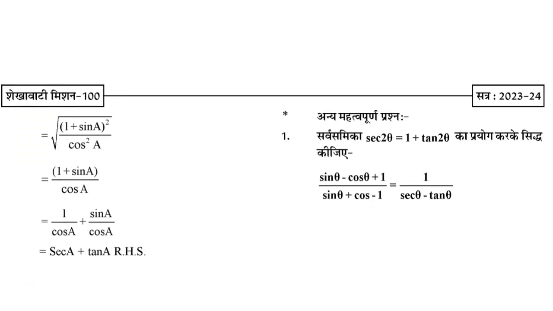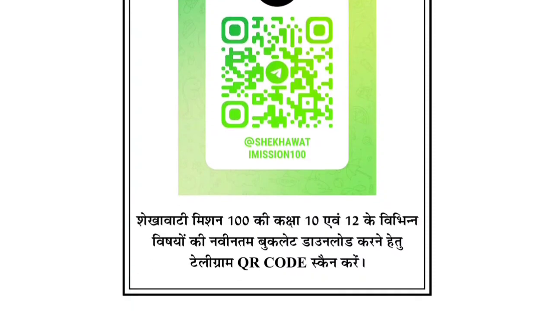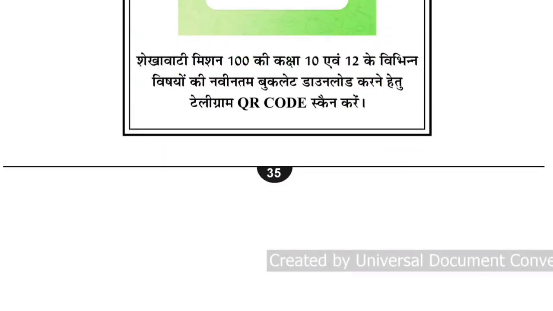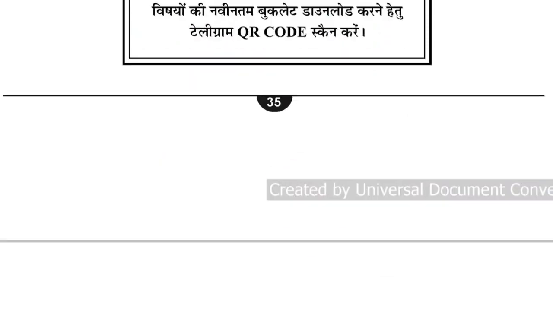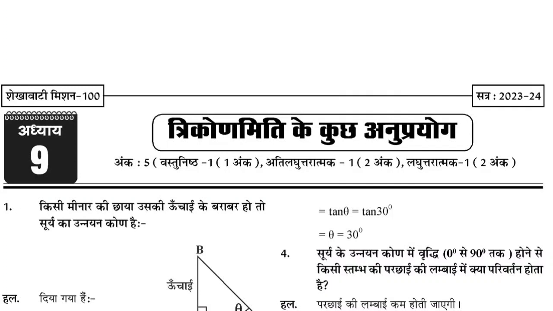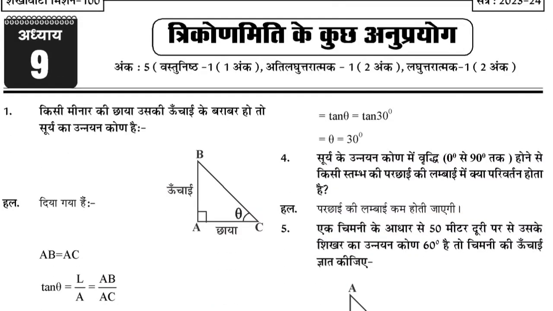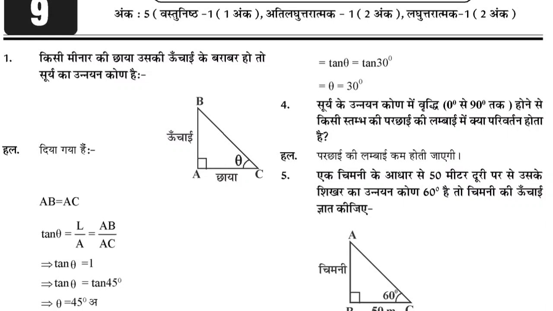These are the most important questions according to the 2024 Rajasthan board exam. The 9th chapter is some applications of trigonometry, which contains 5 marks and a total of 3 questions. In this chapter we study height and distance.